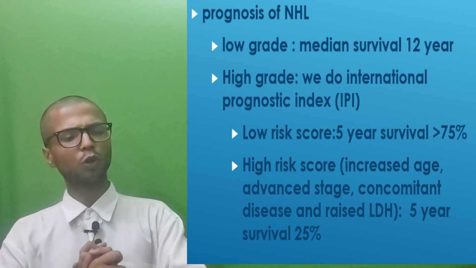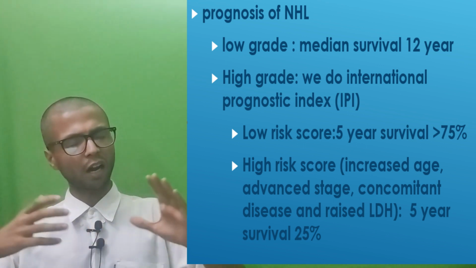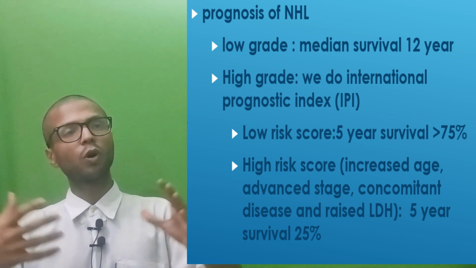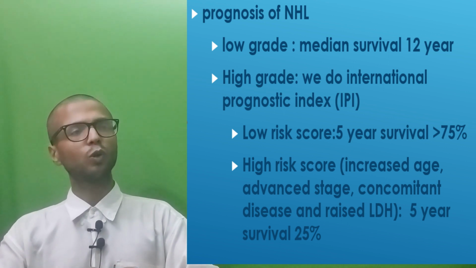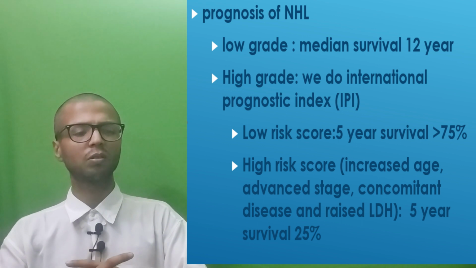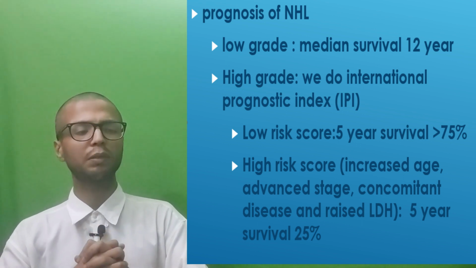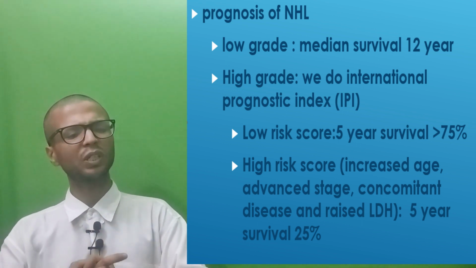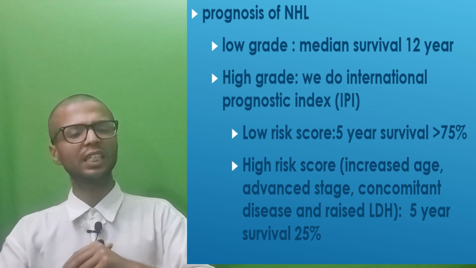Now let's talk about prognosis of non-Hodgkin lymphoma. I already told you that for low grade non-Hodgkin lymphoma like follicular lymphoma, survival is fairly good. Like median survival is 12 years, you can imagine. And for high grade, we do prognostic staging.